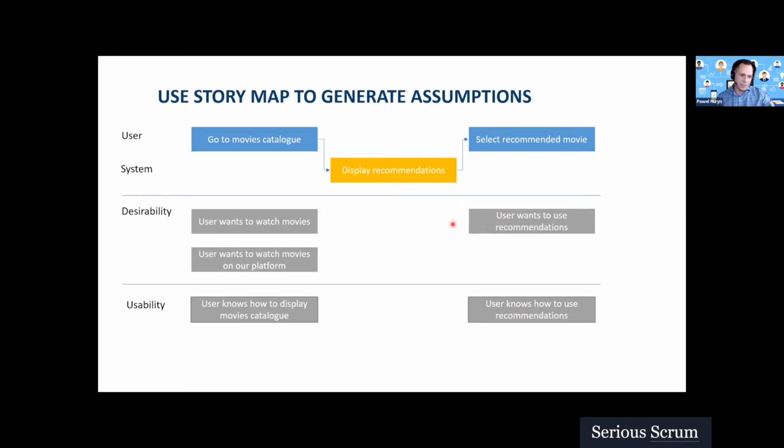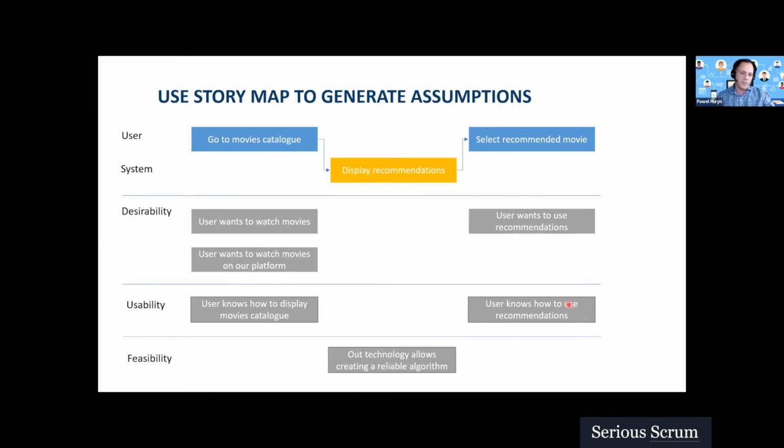From the usability, the typical assumptions are that users will know how to use it, but designers also came up with more advanced assumptions, like user knows how to display movies catalog, or user knows how to use recommendations.